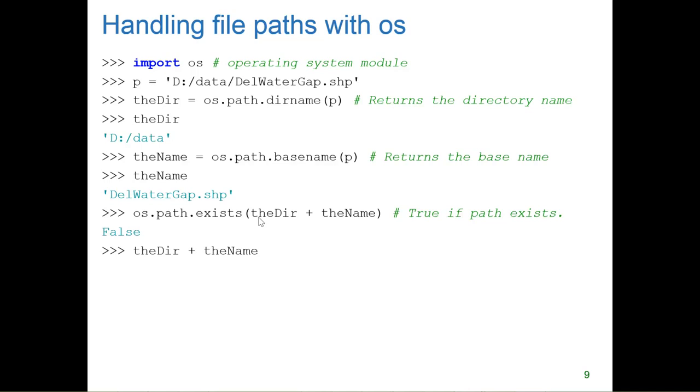The reason is that when you concatenate the dir and the name, you're concatenating exactly what those variables contain, and there is no backslash behind data or before delwatergap. Therefore, the data path is no longer what we actually have on our machine. There needs to be a slash between data and delwatergap. Otherwise, it's looking for a file named data delwatergap.